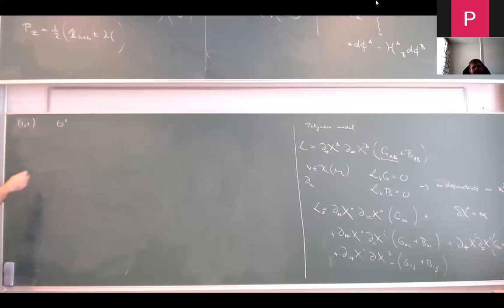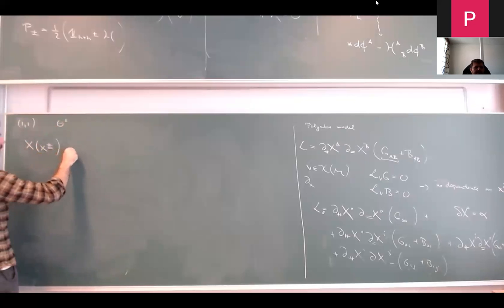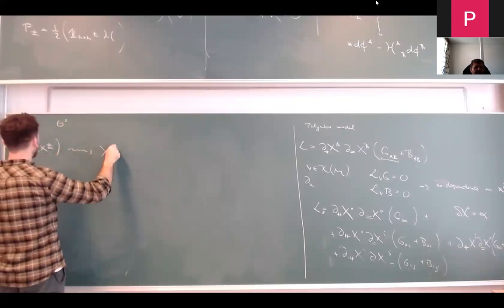And 1,1 is very minimal, and the way it goes is really that we have these original fields, and we now replace them by superfields.